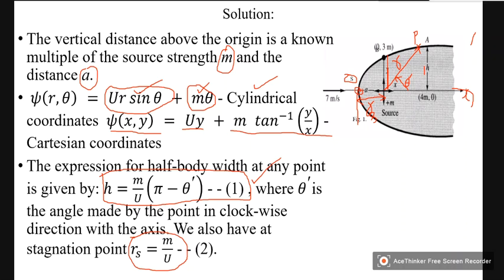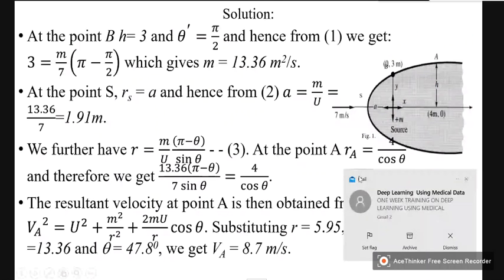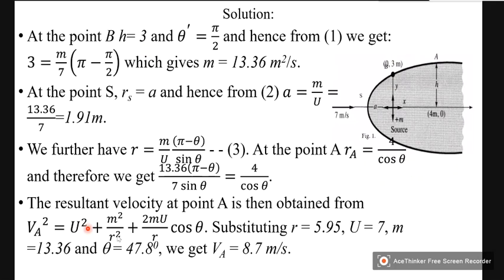Now is the thing clear to all of you? Come on, respond. Now at point B, what is h? It is 3 meters. The x coordinate is 0 and the y coordinate is 3 meters. So at point B, h is equal to 3 meters. And what is theta dash here?